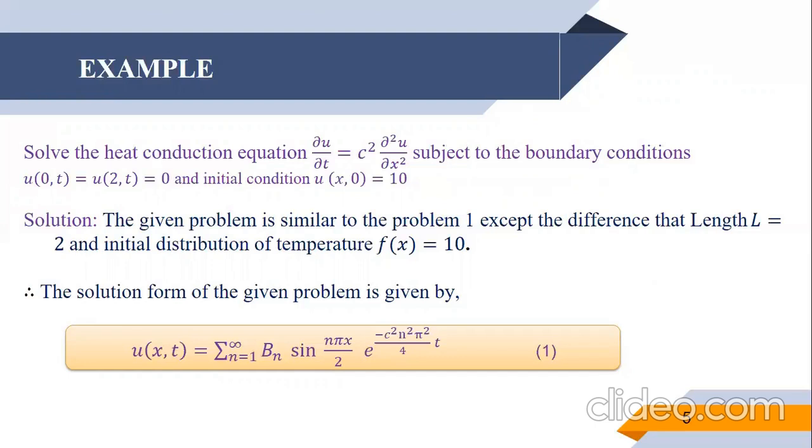So now we discuss example 1. Solve the heat conduction equation del u by del t is equal to c square del square u by del x square, subject to the boundary condition u(0,t) is equal to u(2,t) is equal to 0, and initial condition u(x,0) is equal to 10.